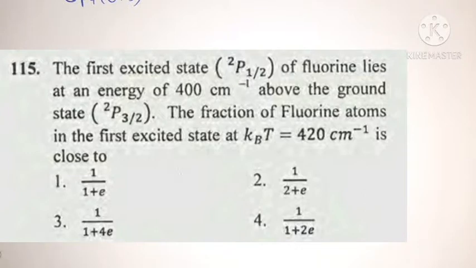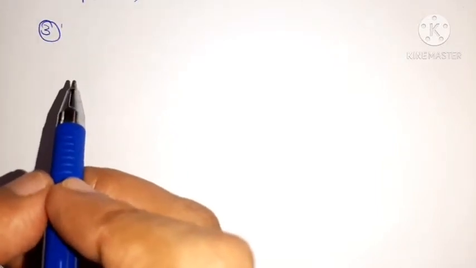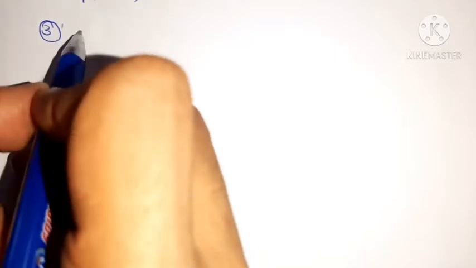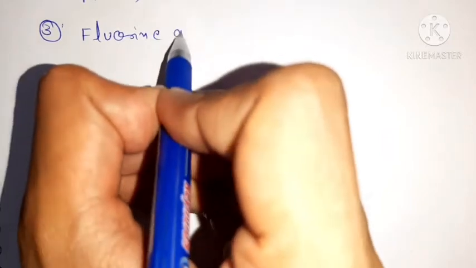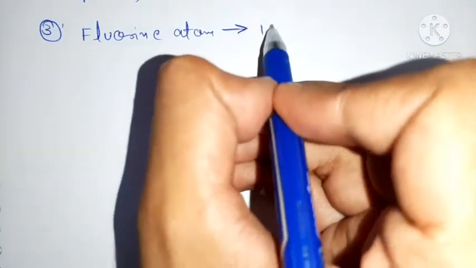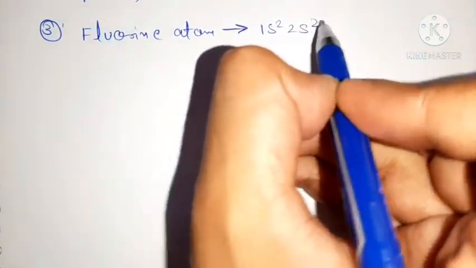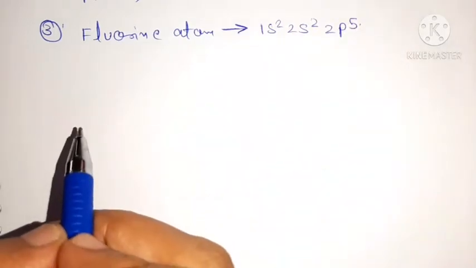So let's do the solution of this question, friends. This question is asked for 4 marks, that is from part C. Now we have a fluorine atom. First of all, we know the electronic configuration of fluorine atom is 1s² 2s² 2p⁵.